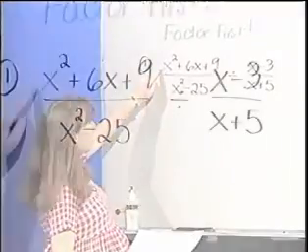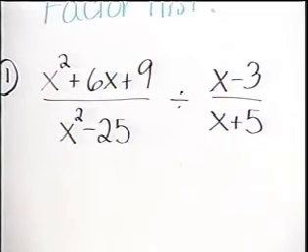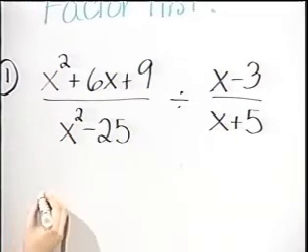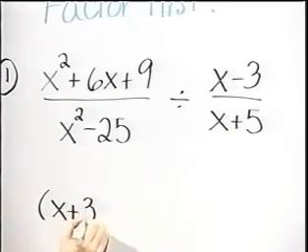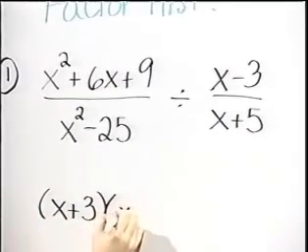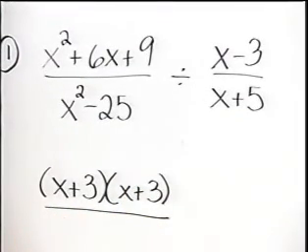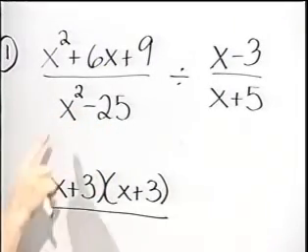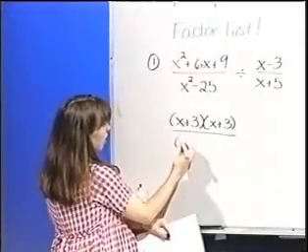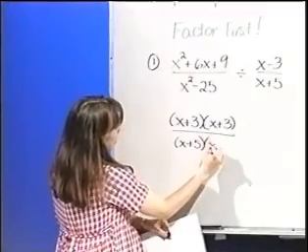X squared plus 6x plus 9 factors as x plus 3 times x plus 3. Okay? X plus 3 times x plus 3. And x squared minus 25, that's a difference of squares, that factors as x plus 5 times x minus 5.